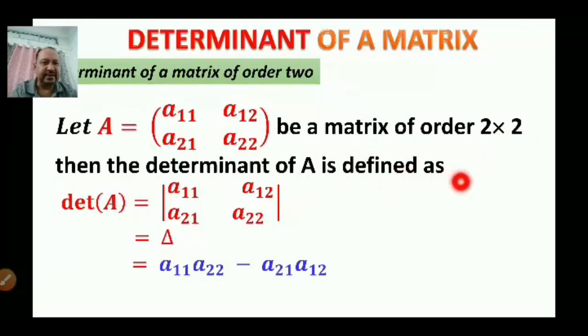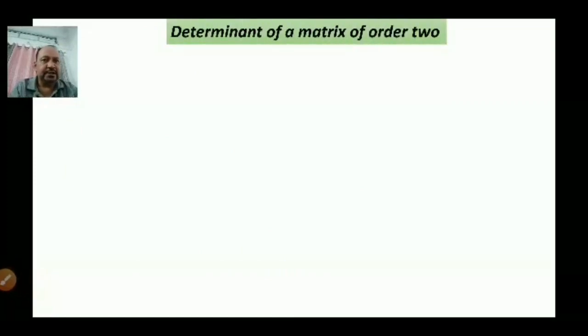Then the determinant of A is defined as determinant A equal to a11, a21, a12, a22, and we get this value by using cross multiplication: the element a11 multiplied by a22 and a21 multiplied by a12. So cross multiplication is there only.